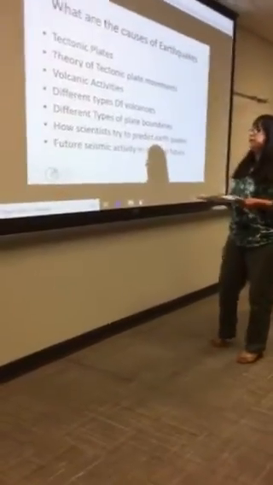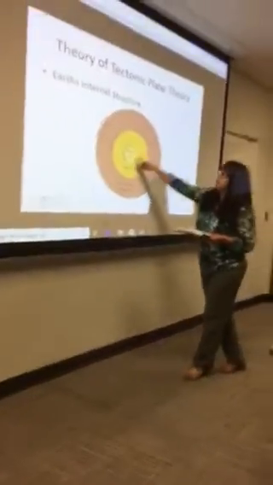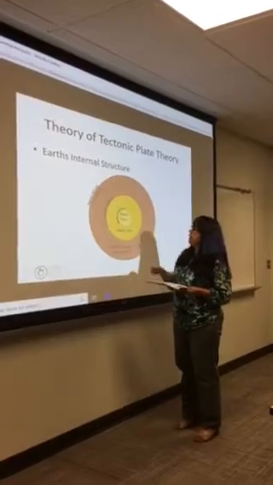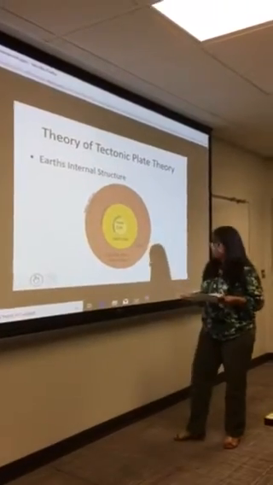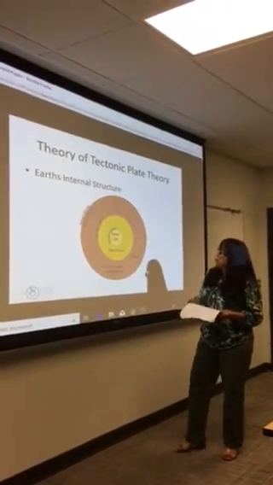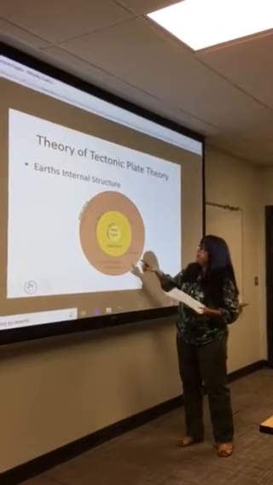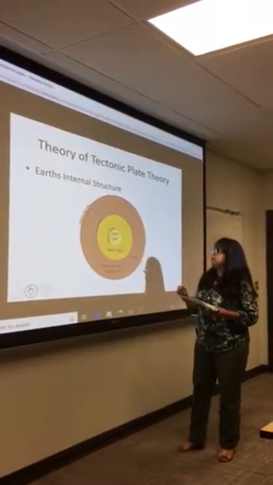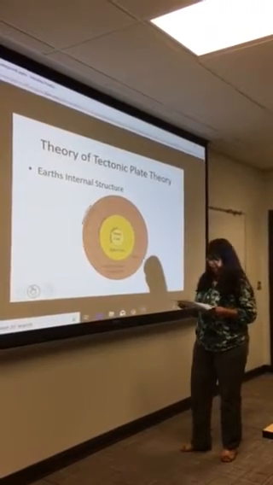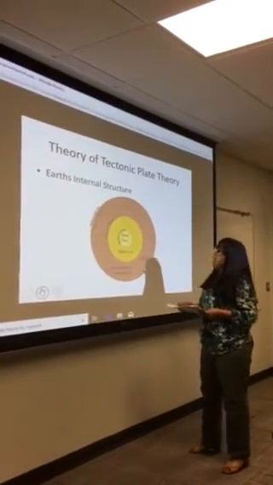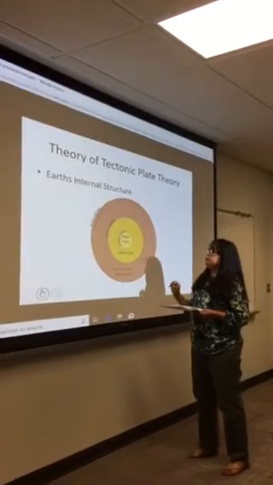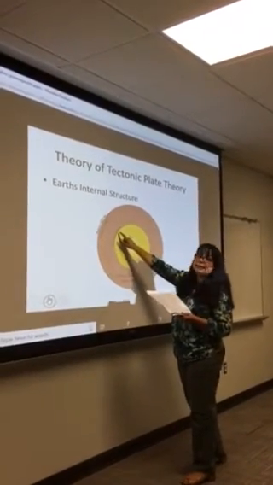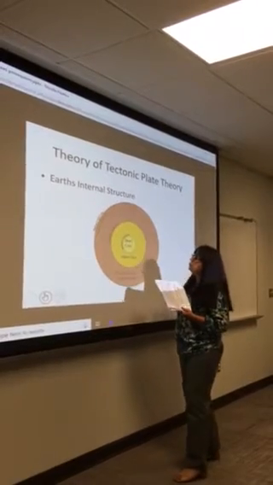Located in the center of the earth is the inner core of magma, which has a radius of 1,216 kilometers. The inner core is surrounded by the outer core with a radius of 3,486 kilometers. The outer core is surrounded by the mantle with a radius of 3,486 kilometers.